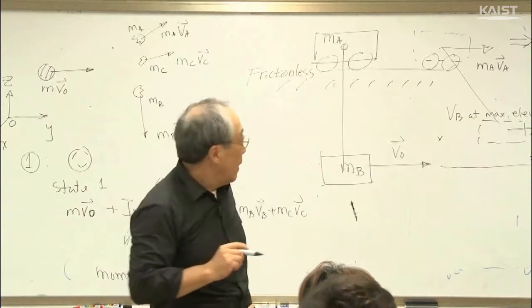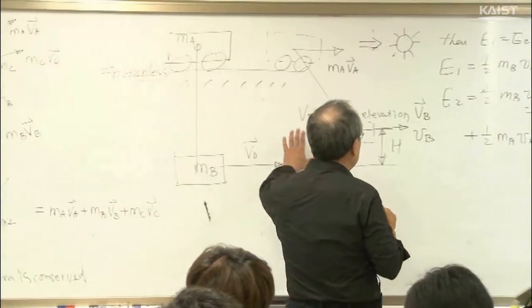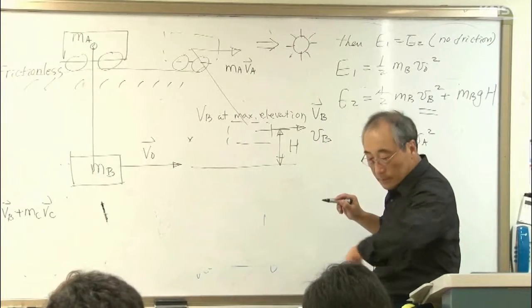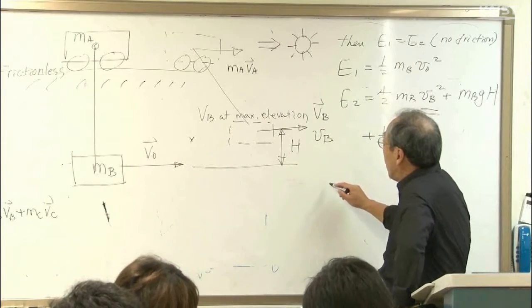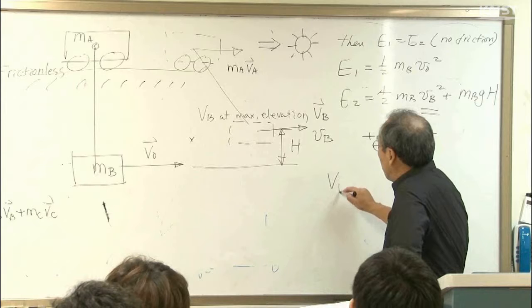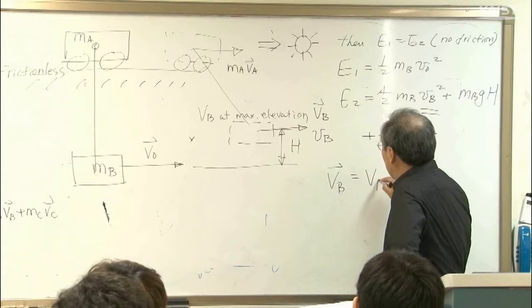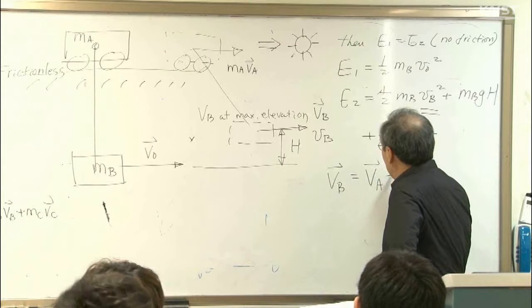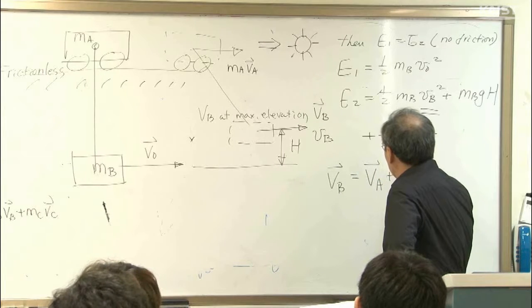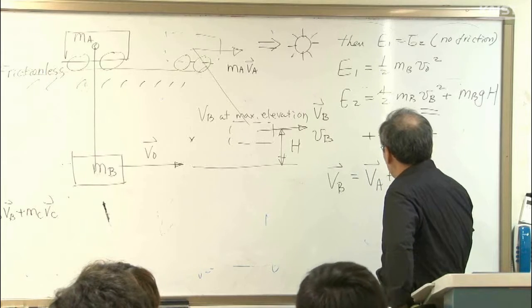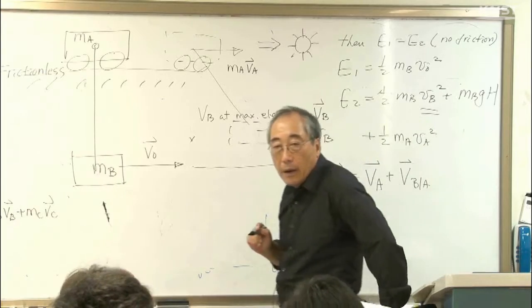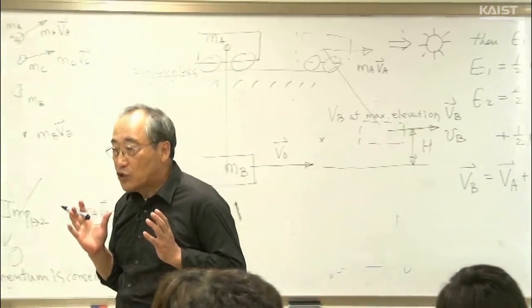All right. Then maybe I can say that VV is equal to actually VA plus VB observed with respect to A. That is always true, right?